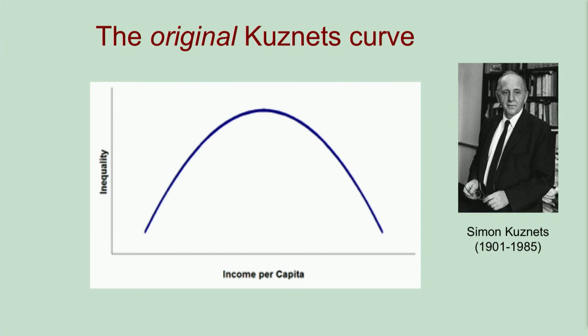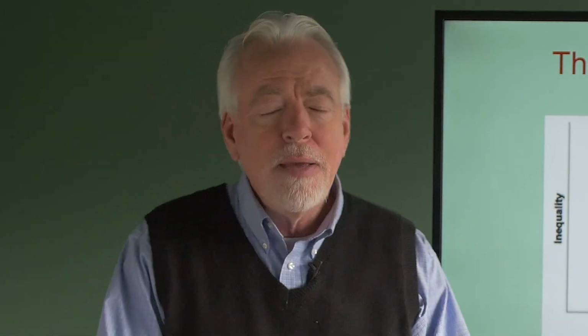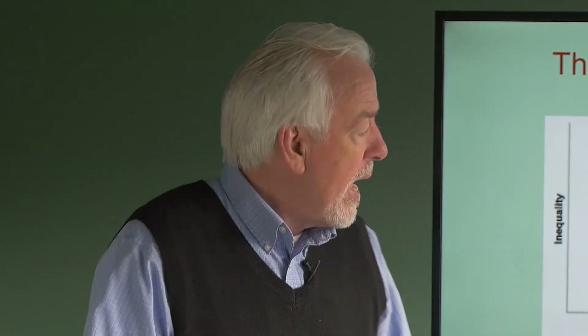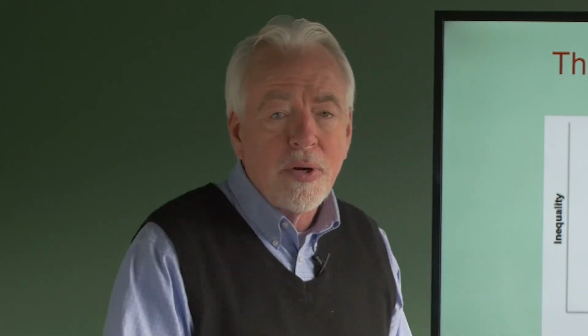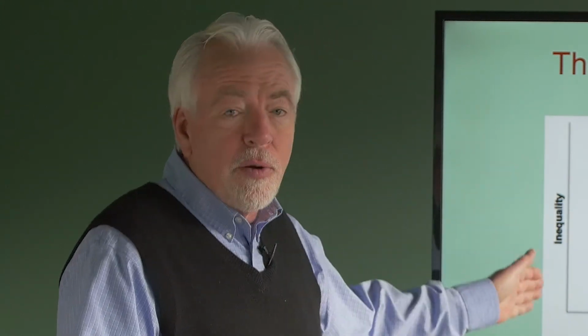Finally, let's think a little bit about where the name environmental Kuznets curve came from. There was an economist named Simon Kuznets in the 20th century, who taught at Yale, and he came up with something called the Kuznets curve in the 1950s, analyzing the relationship between income per capita and not environmental degradation, but income inequality.